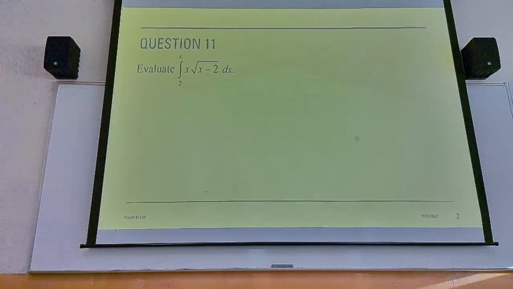Now we did antiderivatives. Now we're going to use USub for integrals. There's just one additional step. What should U be?